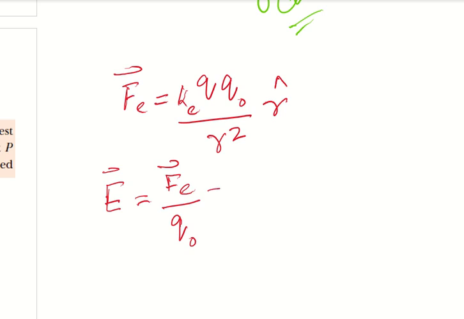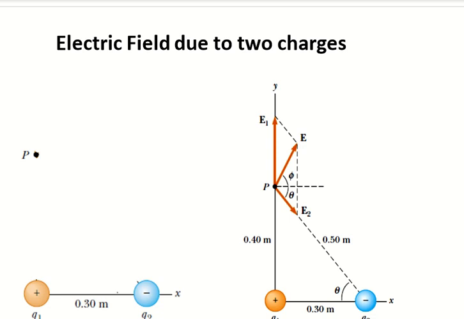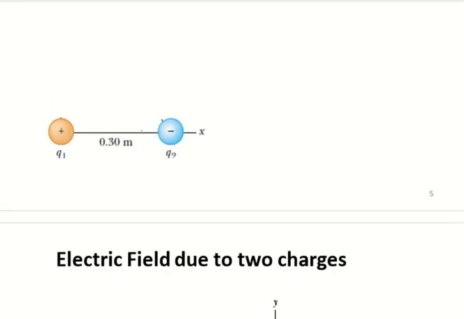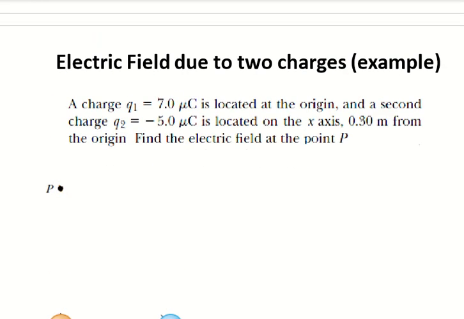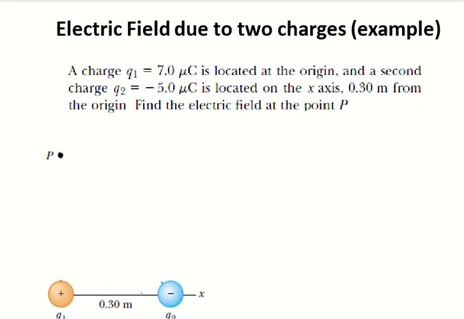You can simply divide this equation by Q naught, and you are left with Ke Q over r squared. So you see that the magnitude of the Q naught charge is gone from this calculation. Now we are in a position to calculate the electric field from the same considerations that we used to calculate electrical forces.